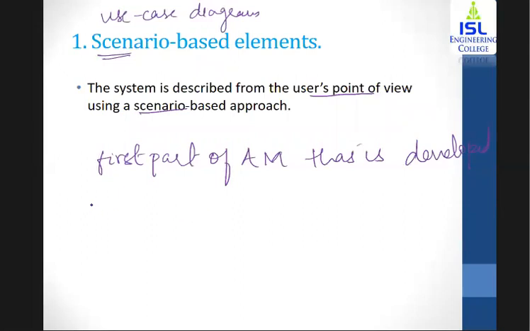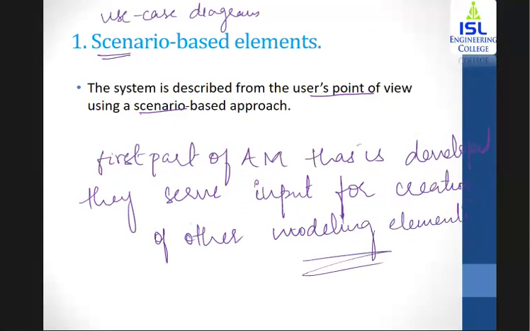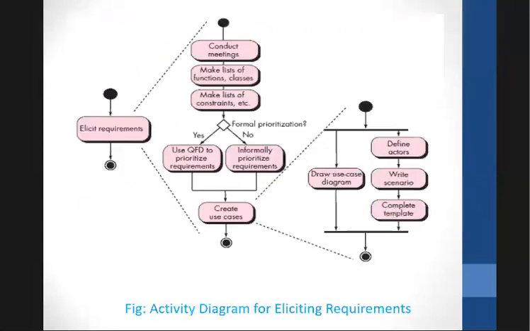Because the use case diagrams, or the scenario-based elements, are going to serve as input for the creation of all the different elements of the software, for the creation of other modeling elements. This is for the use case diagram. I will show an example of a use case diagram for the scenario-based elements.